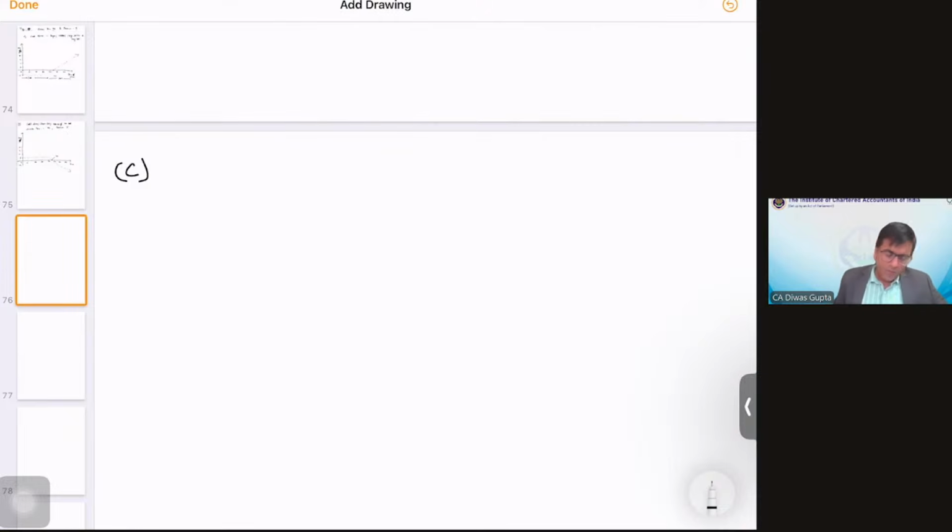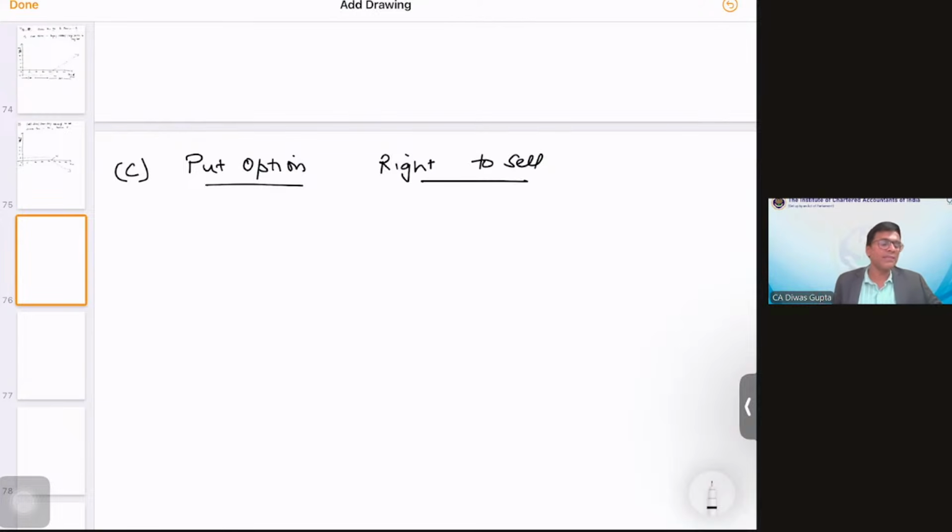So the third scenario is on put option. Students, please remember, it is the right to sell. In case there is a right to sell, the loss or the gain will depend on the reverse price movement.